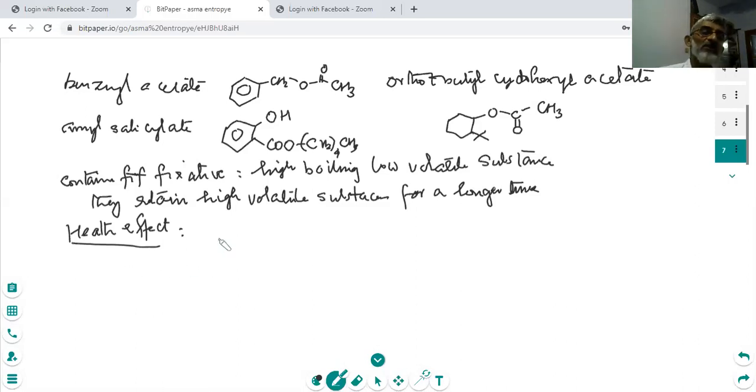Now you have to remember one thing: the word perfume is actually a bunch of chemicals. Perfume is a sample which you apply on your body. It contains many chemicals. Mainly nowadays it is synthetic.